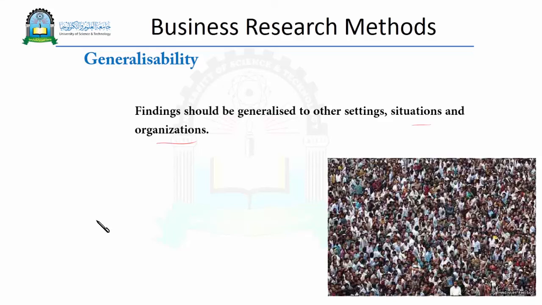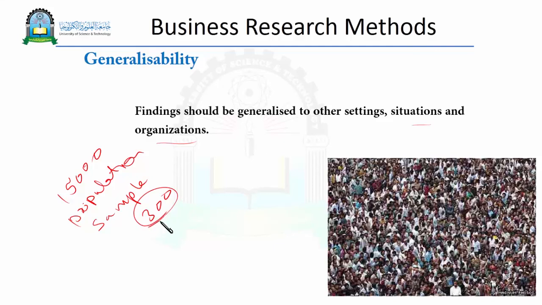So if I take a sample from a big population, for example 300 out of 15,000, and I scientifically draw the sample in a good way following the scientific techniques, the findings that come from the 300 subjects must be generalized to the 15,000.